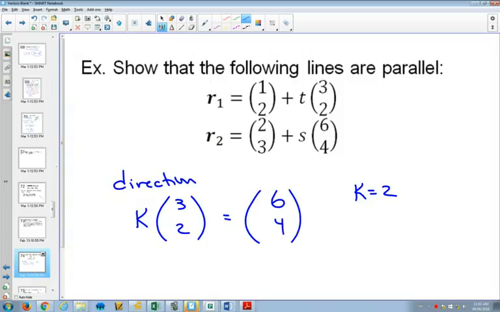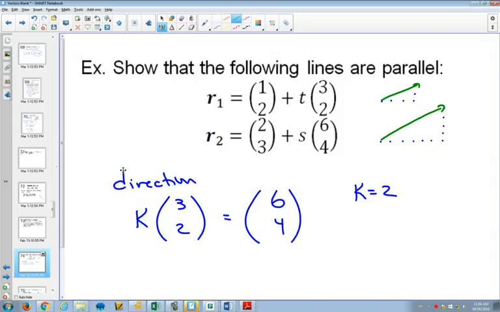Because the one that's 3, 2 says it's going over 3 and then up 2, and the one that's 6, 4 says it's going over 6 and up 4. And if you think about that slope or that vector, that's exactly the same. One is just twice as long as the other one.